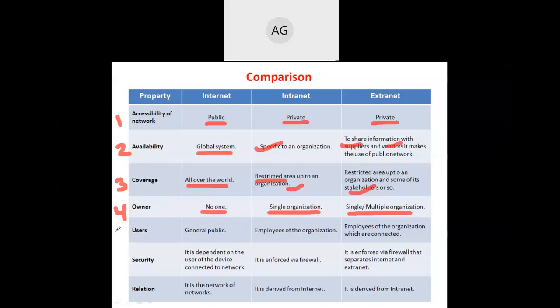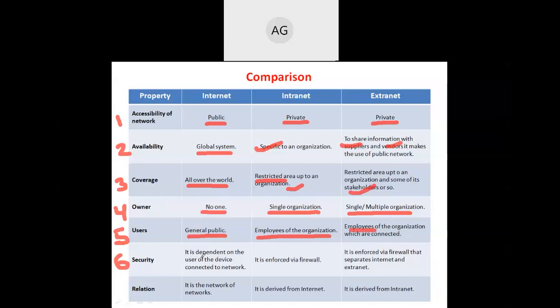So the fifth point of difference is users. In the case of internet, the general public are the users, whereas in the case of intranet, employees of the organization are the users. In the case of extranet, employees of the organizations which are connected, and also the vendors and the suppliers of that particular organization. Now the sixth point of difference is security.